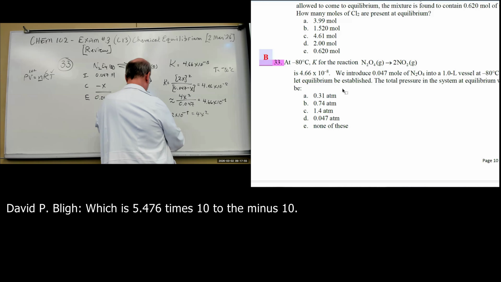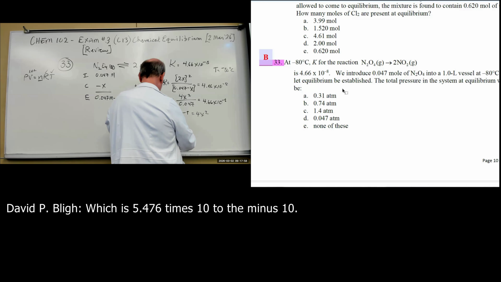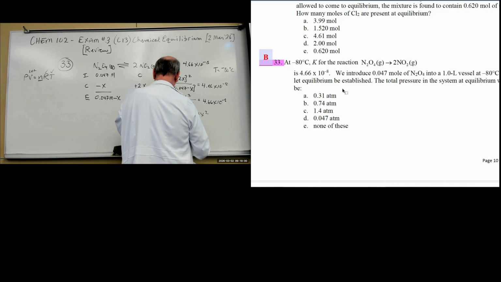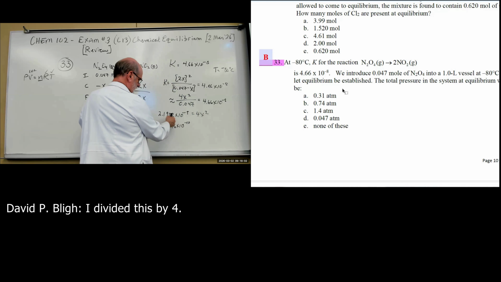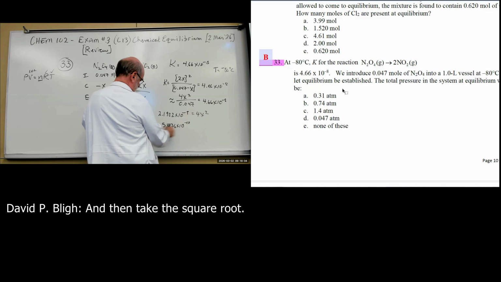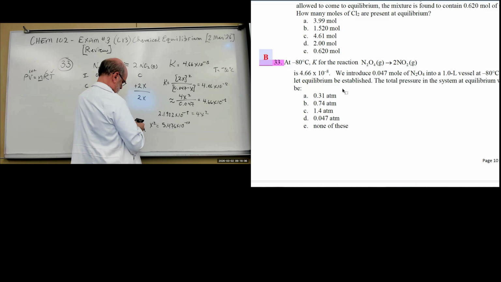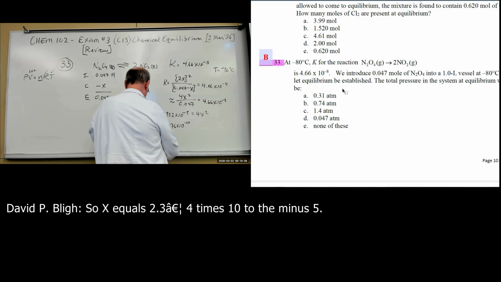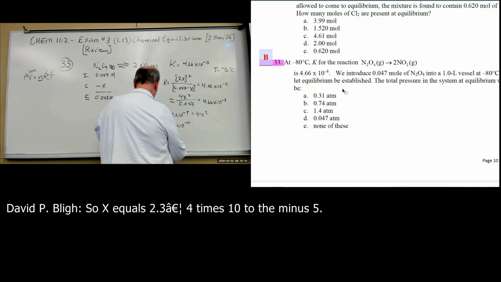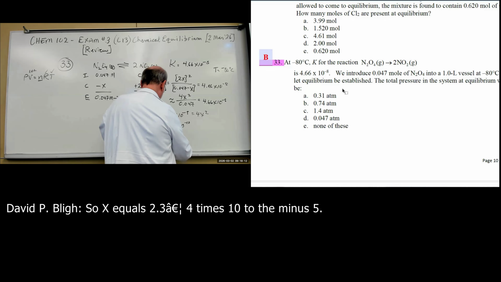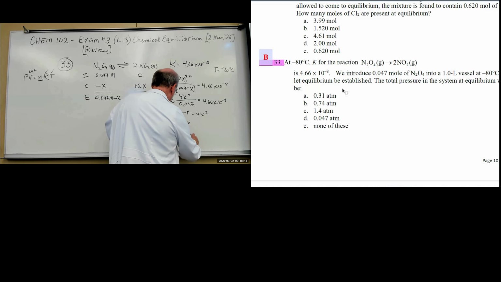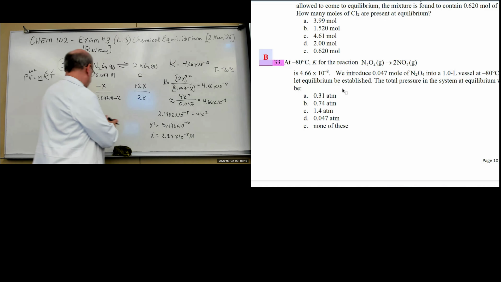Which is 5.476 times 10 to the minus 10. I divided this by 4, and then take the square root. So x equals 2.34 times 10 to the minus 5 molar.